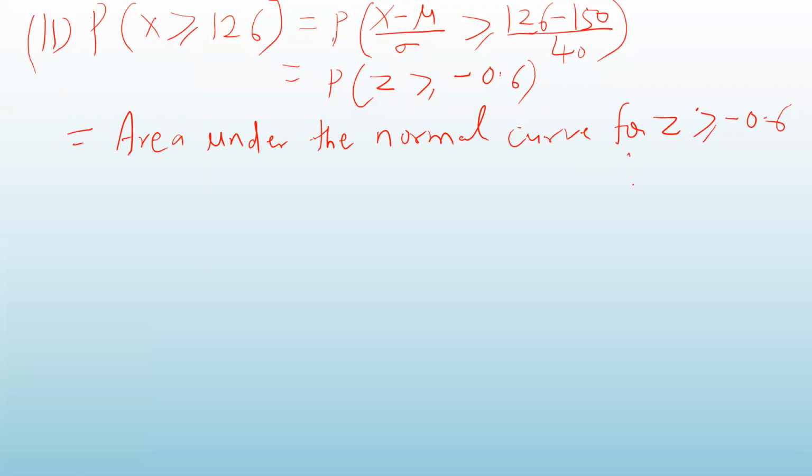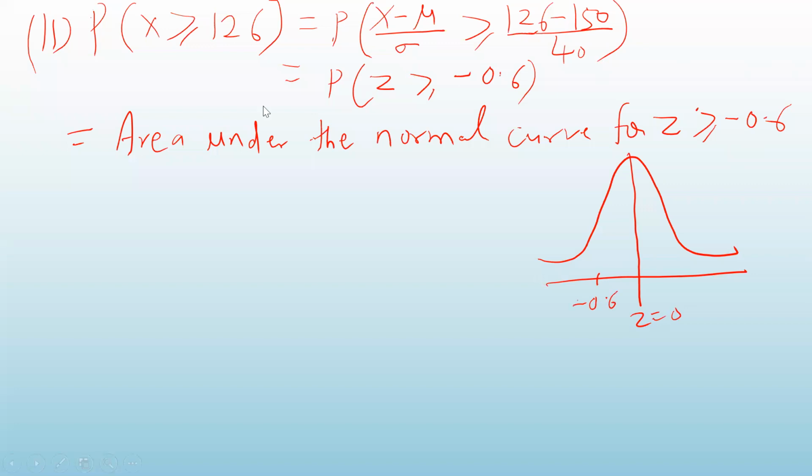Let us draw the normal curve. This is z equal to 0. Where will minus 0.6 be? Definitely to the left side, somewhere here. What you want is the area under the normal curve for z greater than or equal to minus 0.6. So what area do you want? This entire area. Greater means right side.